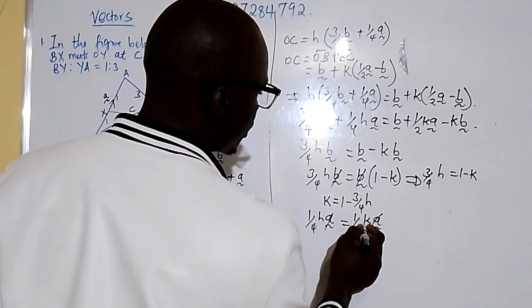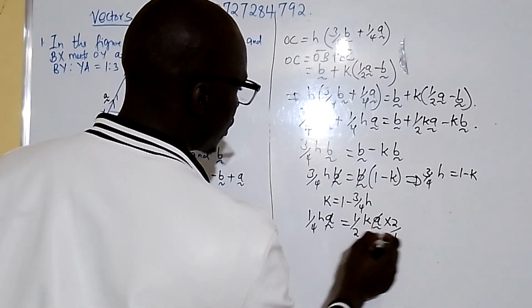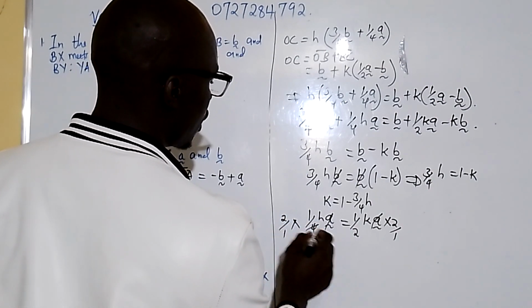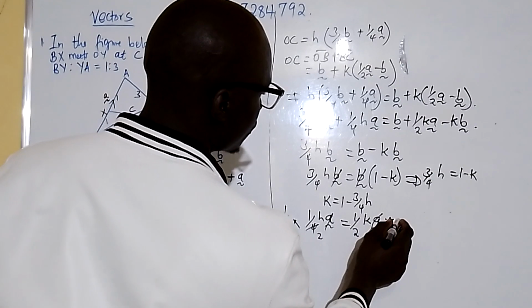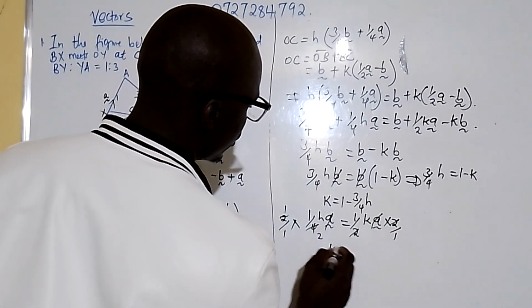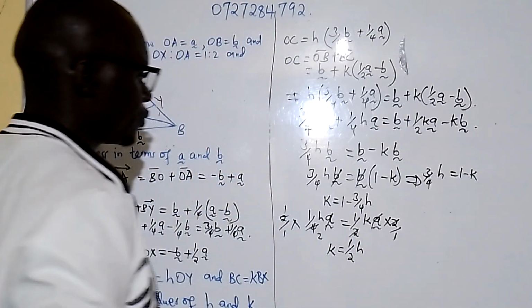We multiply both sides by 2, and we get that K is equal to a half H.